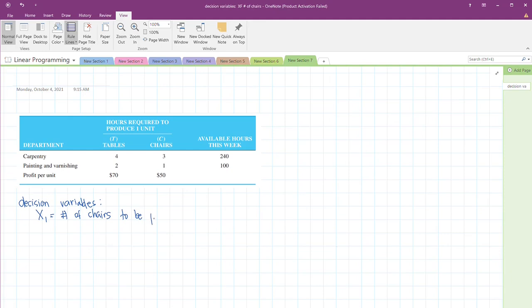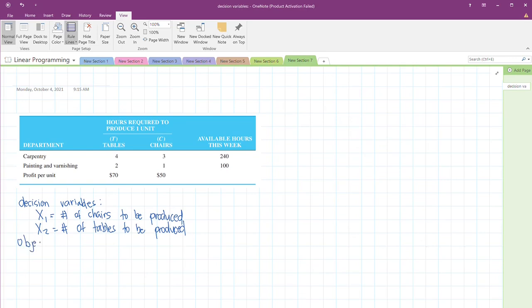Okay? Then x2 is the number of tables to be produced.